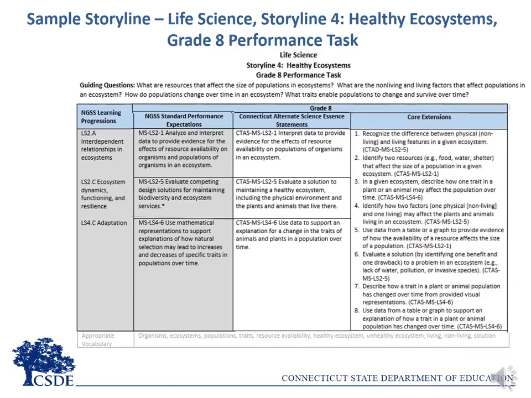Core extensions describe specific student performances and are connected to activities that are administered to the student by the trained teacher. Finally, you will notice in this table that we've identified key vocabulary words that are associated with this specific storyline.